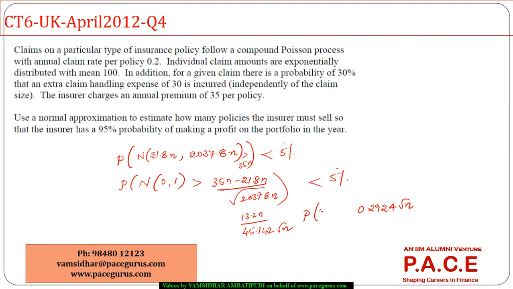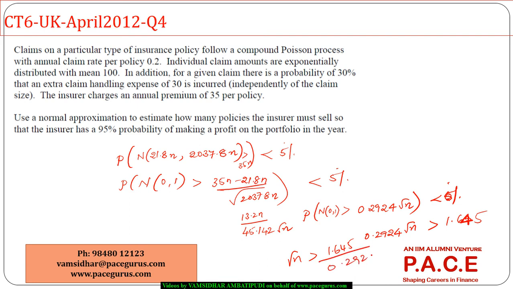The probability of N(0,1) greater than 0.2924 square root of n should be less than 5%. Which means 0.2924 square root of n should be greater than 1.645, and solving for this, square root of n is greater than 1.645 divided by 0.2924, and n should be greater than the square of this number.